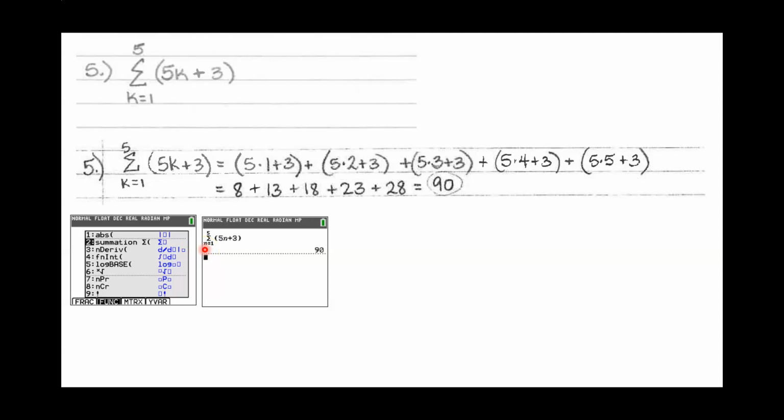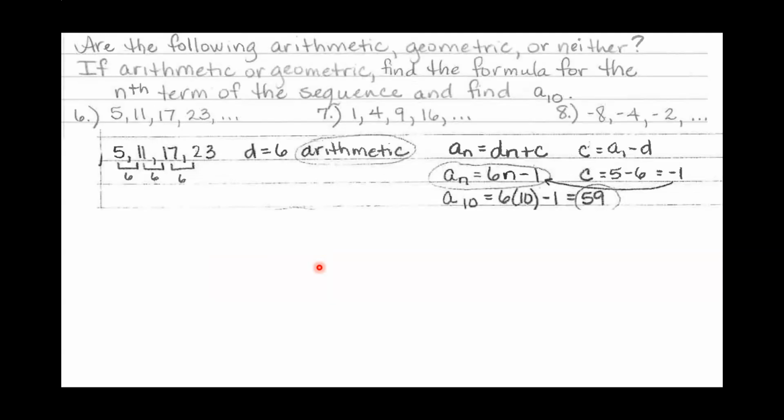I just hit my X button, and because I'm in sequence mode, it put an N. You could use any letter there that you want to, but whatever you use here, you have to use over here as well. So again, our lower limit of summation was 1, our upper limit of summation was 5, and then this is what we were evaluating, 5n plus 3, and so there's that same 90 that we got doing it by hand.